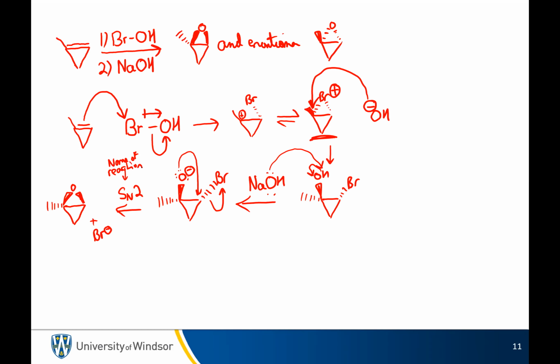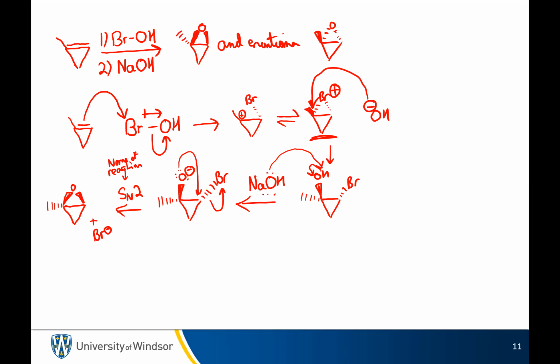It's not sulfur dinitrogen. It means substitution, nucleophilic, bimolecular. But we'll get back to why that matters. What I just want to say here is that this is a different way to make an epoxide. I'm not going to test you on this until we see a discussion of the SN2. We're going to come back to this concept.